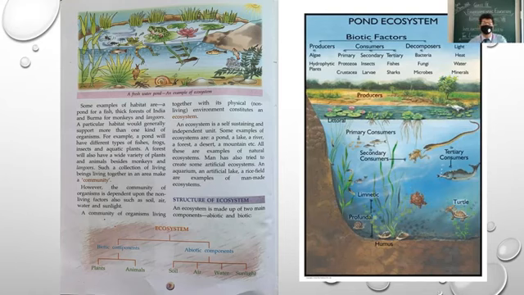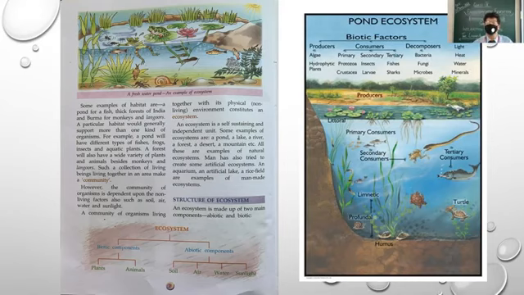Some examples of ecosystems are a pond, a lake, a river, a forest, a desert, a mountain, etc. All these are examples of natural ecosystems, and you can see in this picture I have put over here the pond ecosystem.